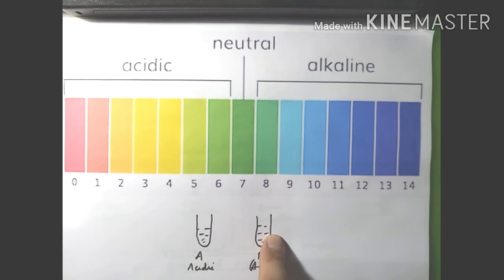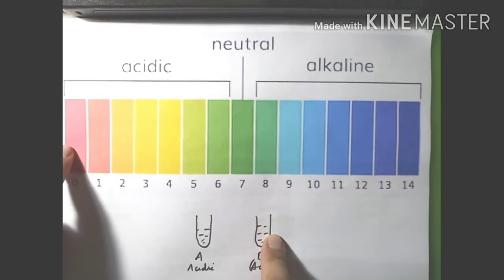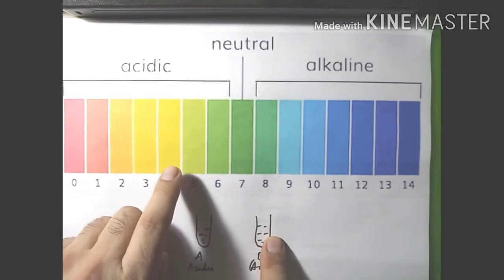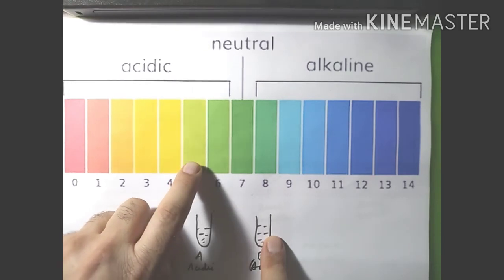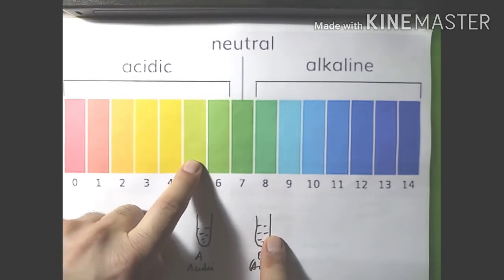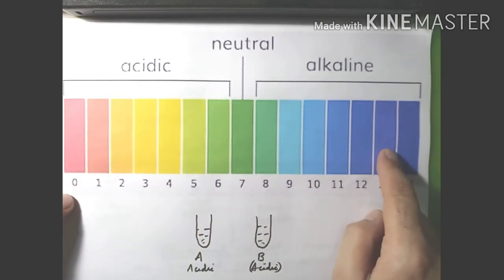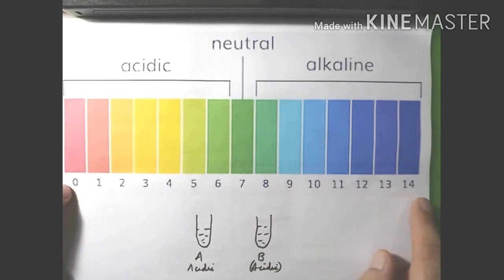If the universal indicator paper changes from yellow to dark red, this left side dark red indicates the solution is highly acidic. And if that universal indicator paper turns yellow or greenish yellow, it means the acidic solution is weak, because I already told you this color chart ranges from 0 to 14, and that is called the pH scale.